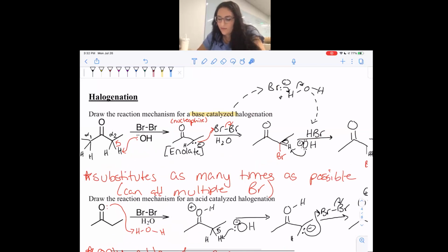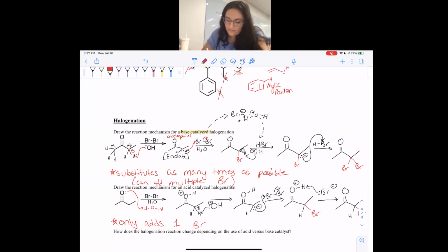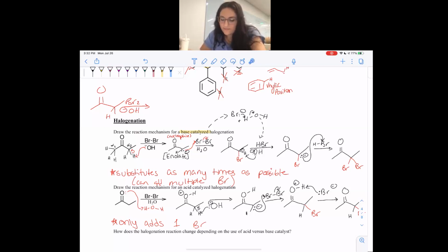So for example, if we had a ketone like this, we only have 1 alpha hydrogen on the most substituted side. So in this case, we would only add 1 bromine.